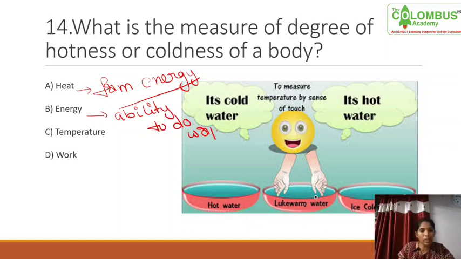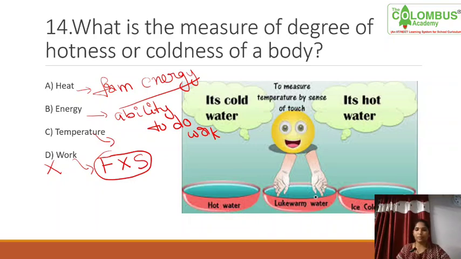Temperature? Yes, temperature is a measure of degree of hotness or coldness of your body. Work is equal to the product of force and displacement. You will not get that here; we will study it later. What is the answer? Temperature is your answer, the measure of degree of hotness or coldness of your body.